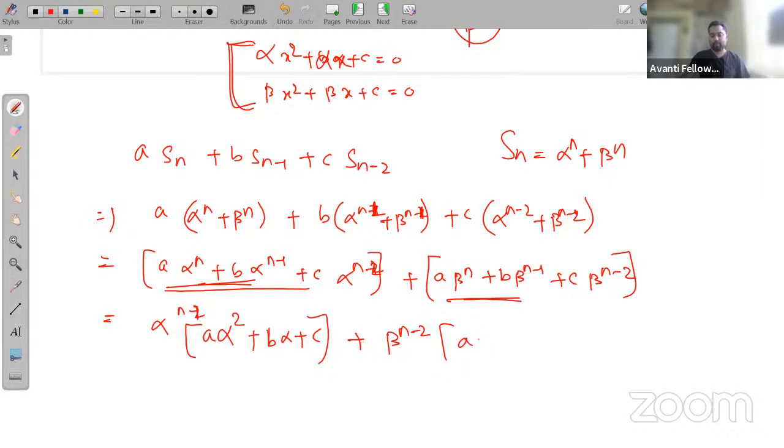We have A beta square plus B beta plus C.